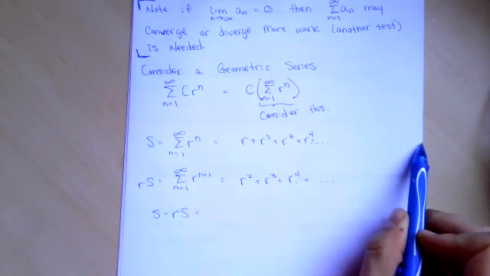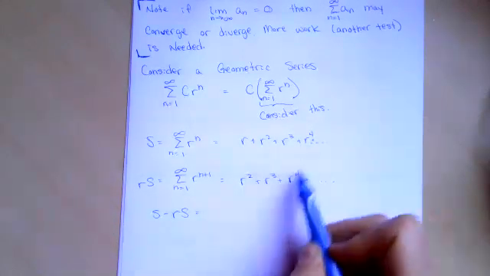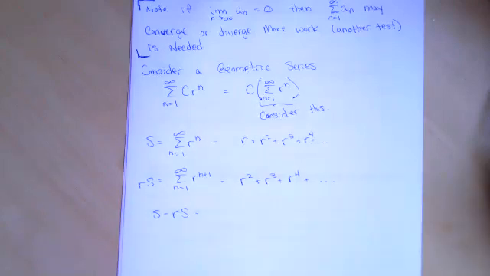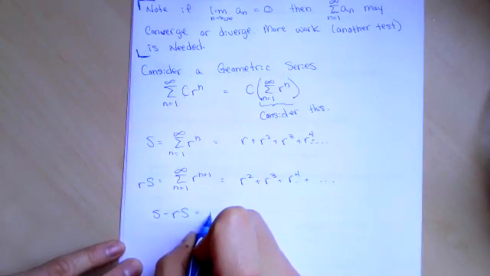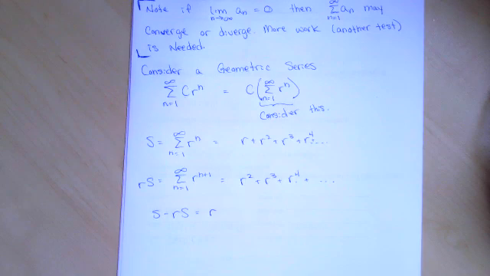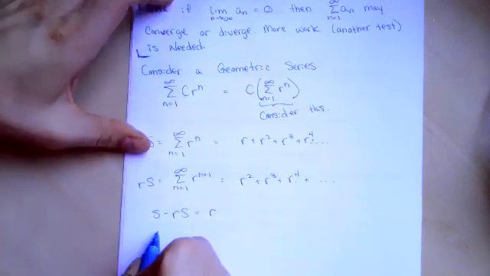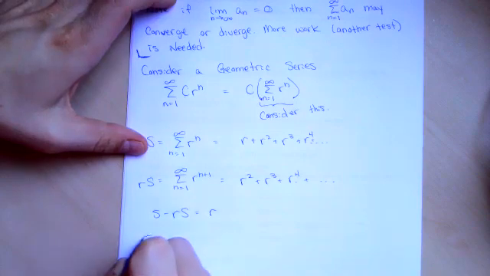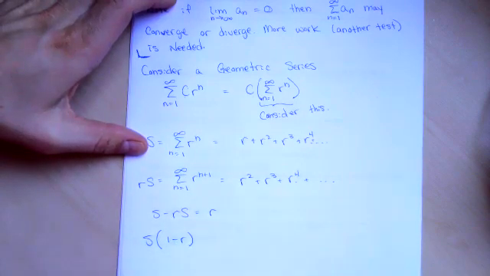And if I have infinite terms, essentially everything is going to cancel. All we are left with is just r. And so how do I find the sum? We can factor out S from the left and then solve for it.